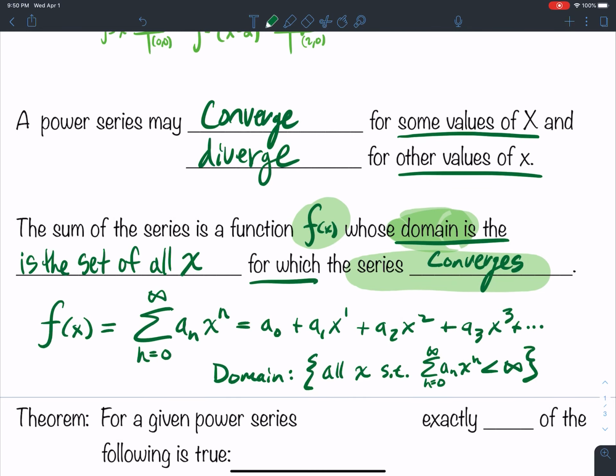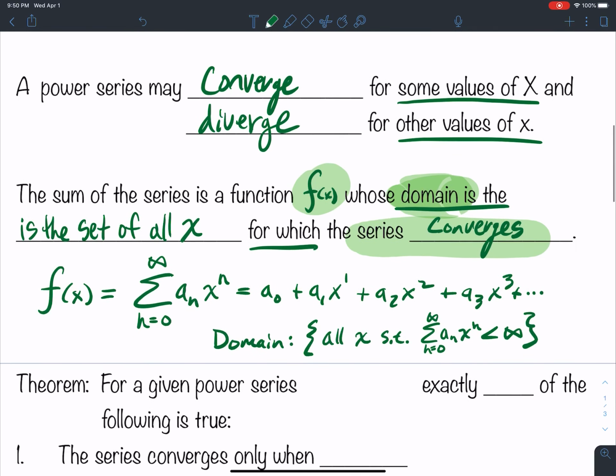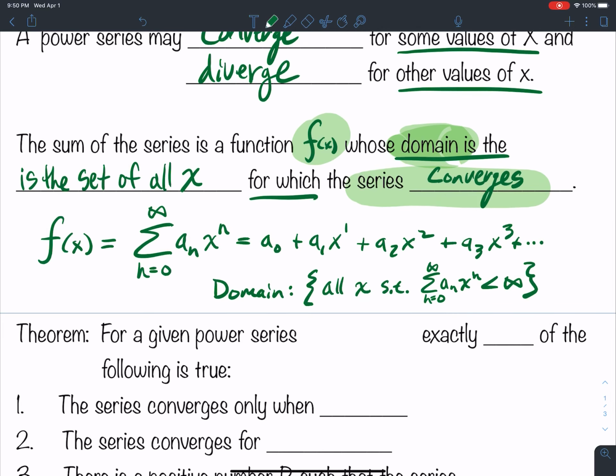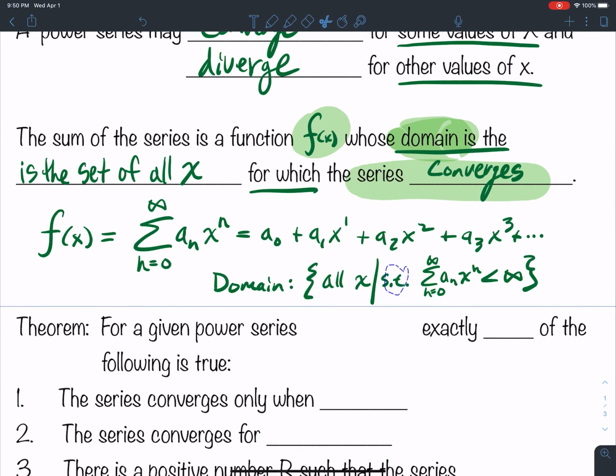Okay? I'm just going to draw a little vertical bar here to represent my "such that." That's the condition. All right.